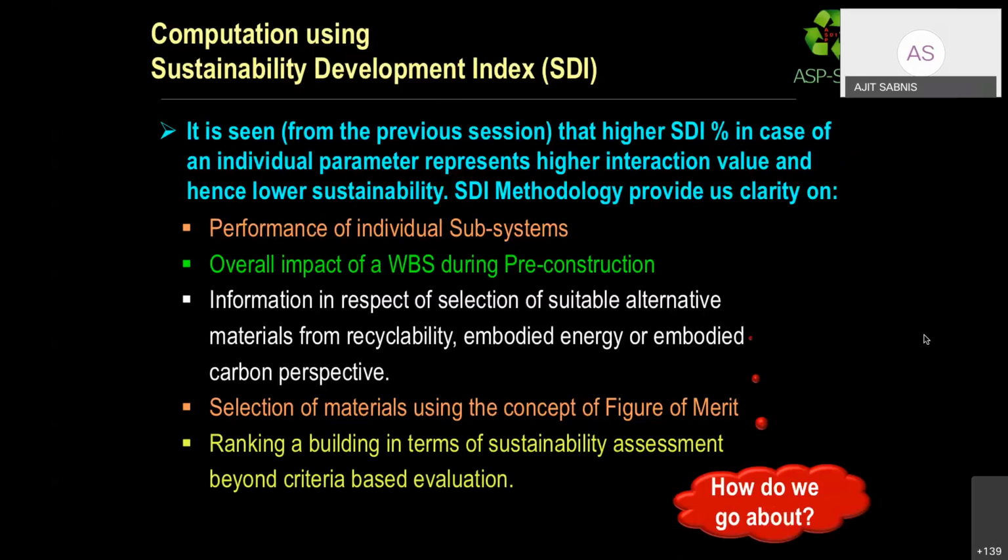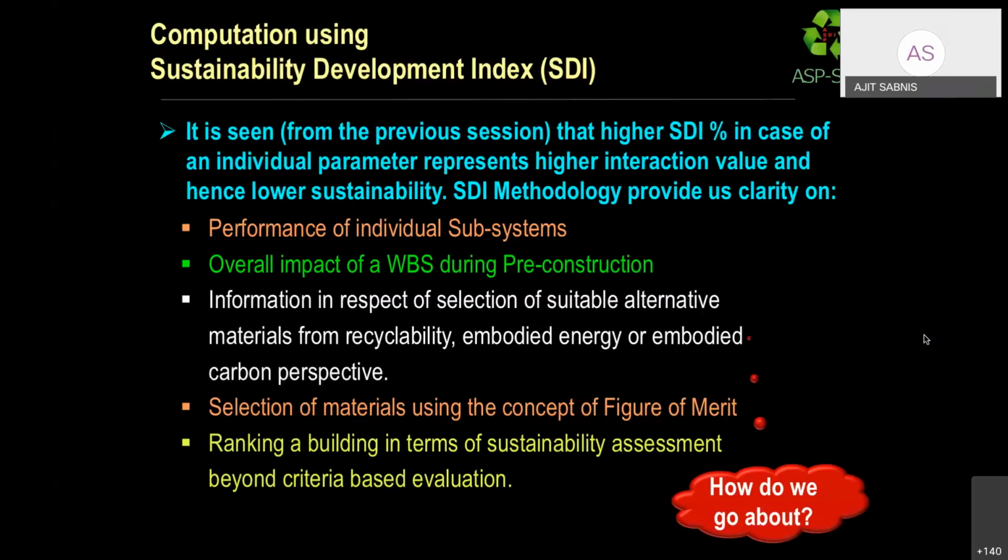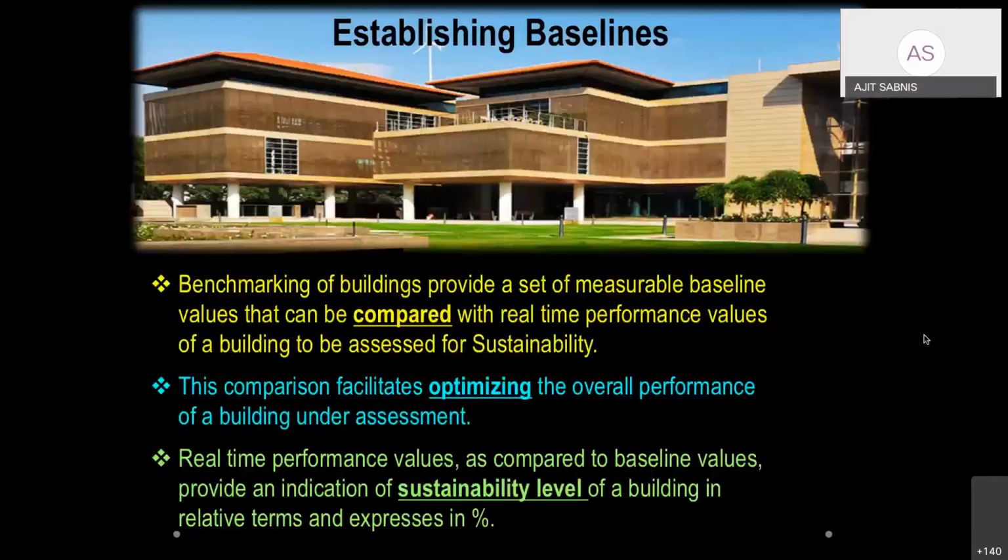Now the question comes, in this particular class, we will see how we go about it and what exactly the various steps are, how we evaluate these things using the Sustainability Development Index. The first and foremost step is establishing the baselines or benchmarking values. How does benchmarking of a building help?